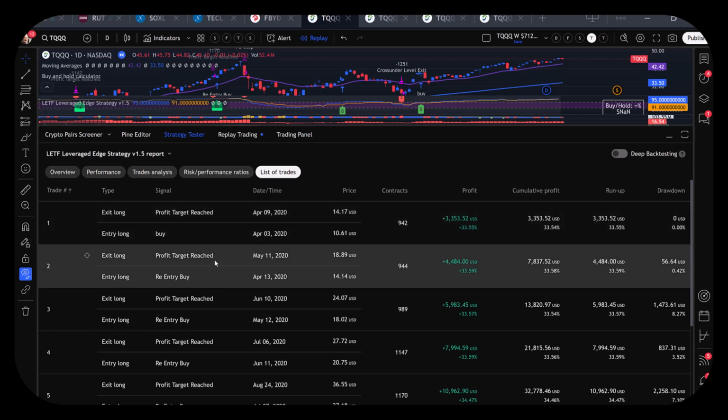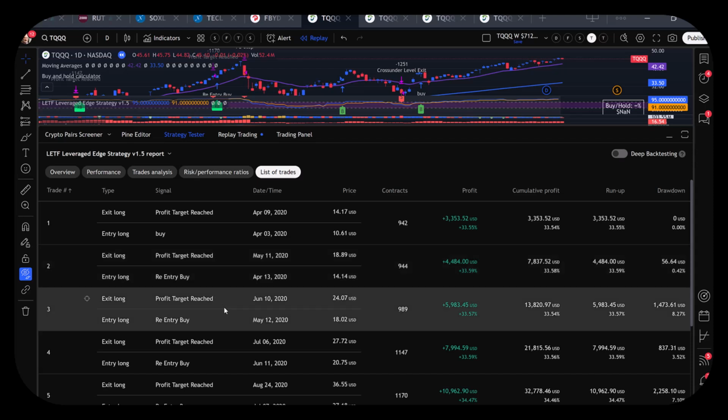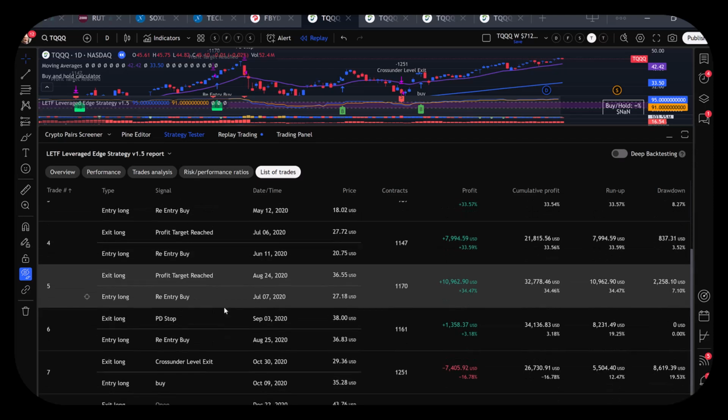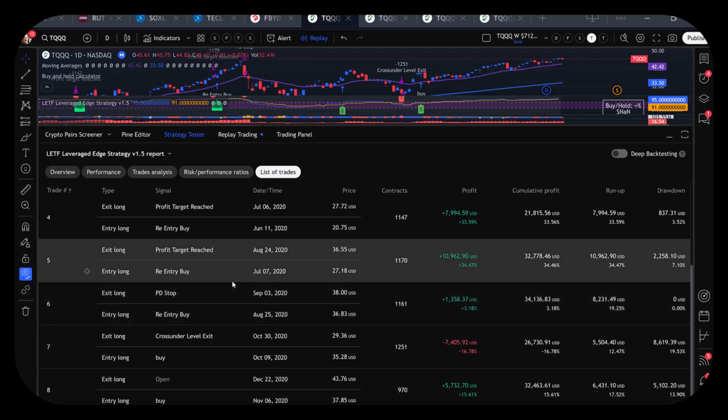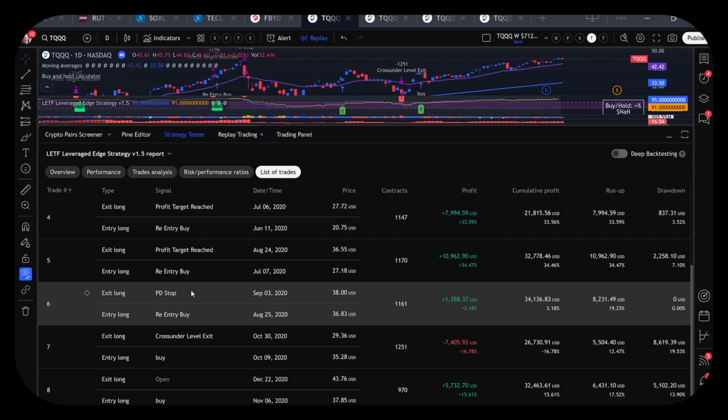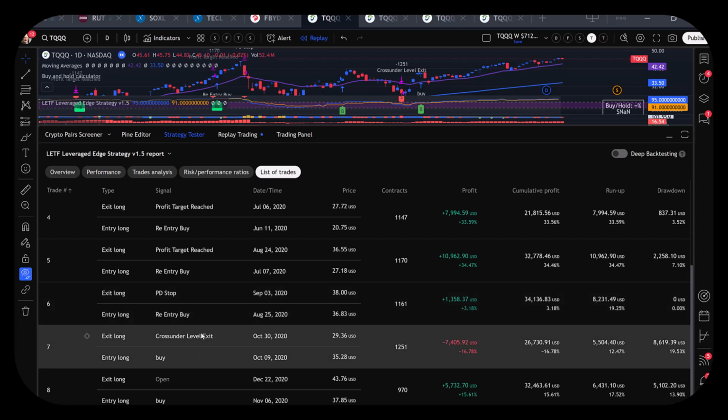Well, here's each individual trade after that took place on this chart. And each one extends down, and you'll see how if we get a profit target reached, it goes to the reentry buy, and then in this case we hit a PD stop, and then a reentry buy, etc., and then a cross under level exit, etc.